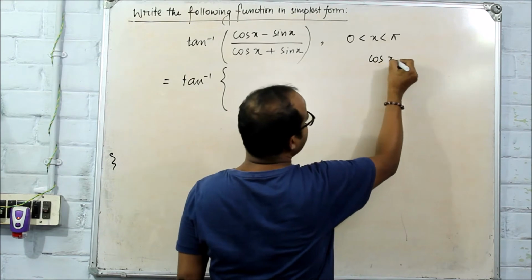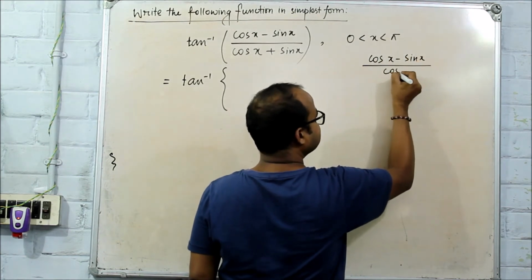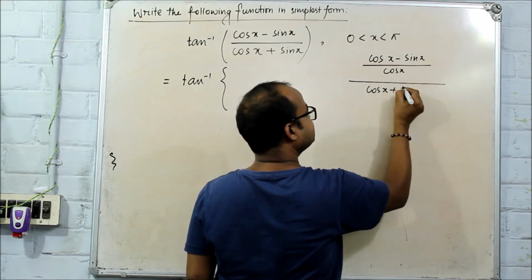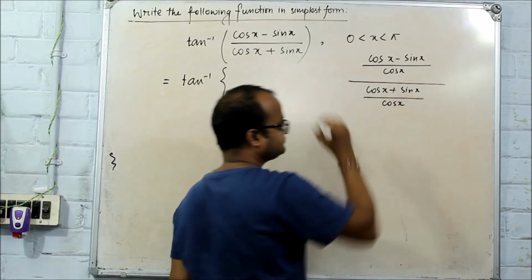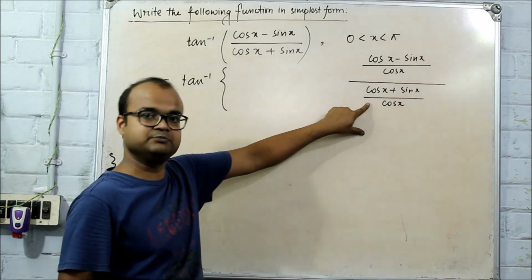So cos x minus sin x by cos x plus sin x by cos x. We are dividing numerator and denominator by cos x.